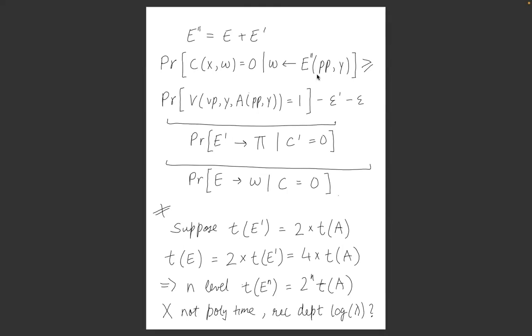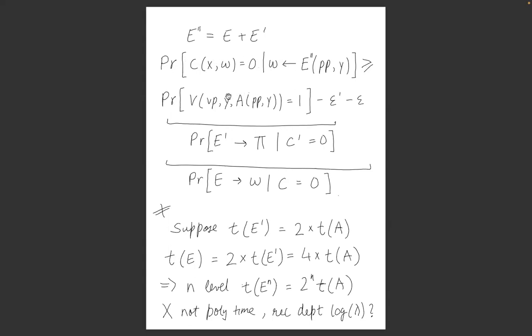So to prove that our two-level recursive SNARK is knowledge sound, we have to prove that, given the original circuit X and omega, there exists some extractor E double prime, which can extract the original witness from this two-level recursive SNARK.